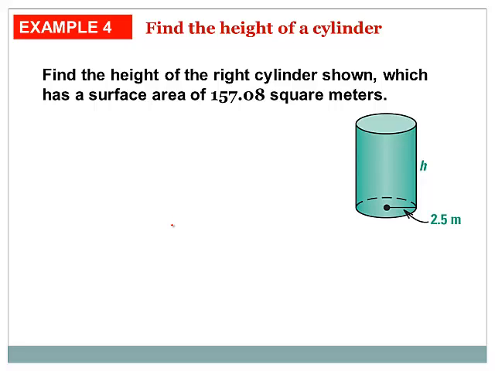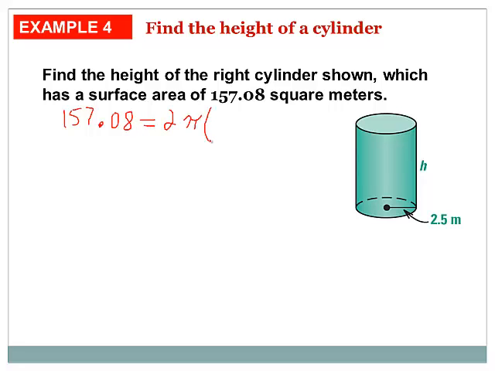So for example 4, it says find the height of the right cylinder shown, which has a surface area of 157.08 square meters. We're given the surface area, so we would plug that into our formula. So 157.08 is equal to 2 pi.